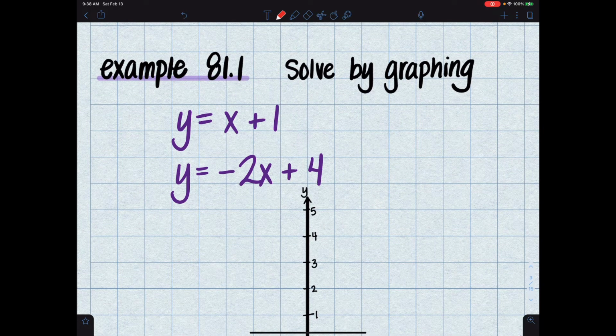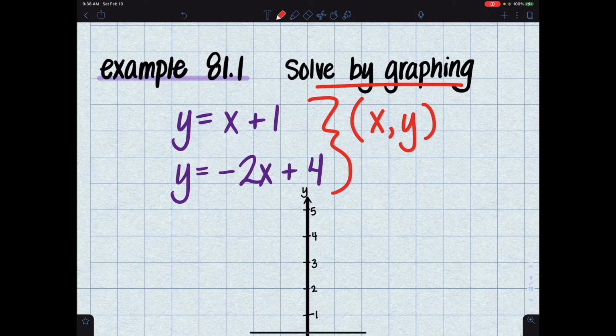Example 81.1, we are going to solve by graphing. So basically, they want to solve this by graphing. What does that mean? What we've been doing is we've been solving by substitution or solving by elimination. But you can also find the xy coordinate that satisfies both of these equations if you graph each equation and then just look and see where they overlap.